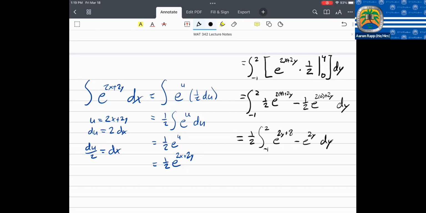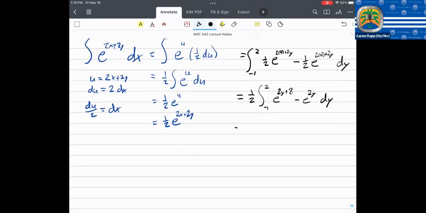So now I need to integrate these. Try to do them quickly. Let's first start with maybe the easier one, which is e to the 2y. Well, its antiderivative. What's that? Oh, sorry, you're all saying 1/2 e to the 2y.